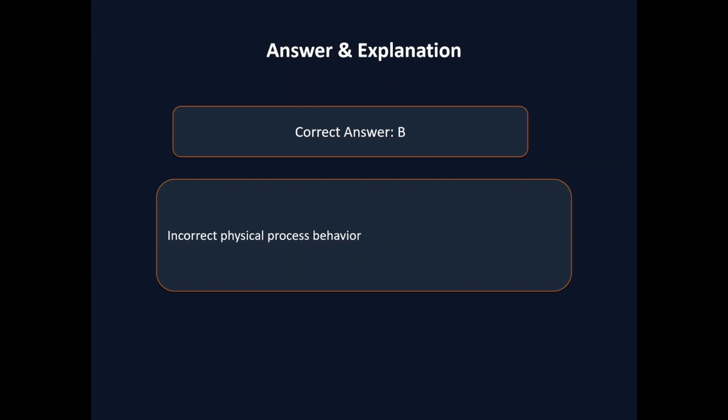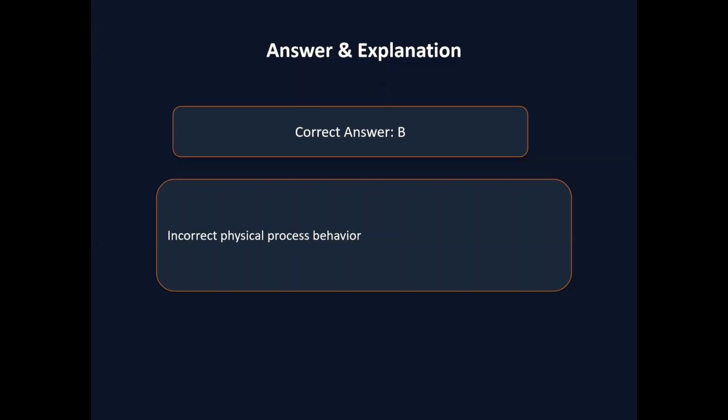OT systems rely on accurate sensor data to make control decisions. If sensor data is manipulated, then the PLC will still execute its logic, but based on false information. So this will cause incorrect chemical dosing, unsafe operating conditions, and potential impact on public safety.